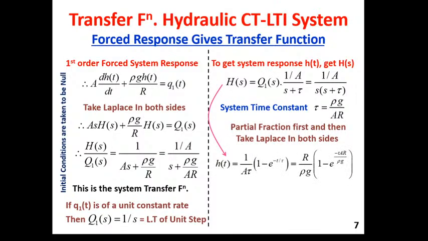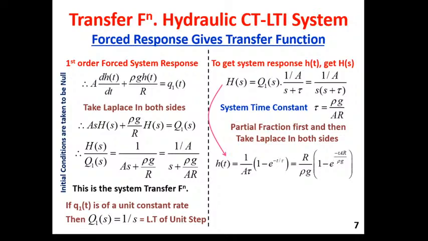What we are going to find is H(s) equal to 1 upon A s into s plus tau. So we have to do partial fractions of this. You will find 1 by A, and on the output side you will find 1 by tau divided by s minus 1 by tau divided by s plus tau. So partial fraction first and then take the Laplace transform.